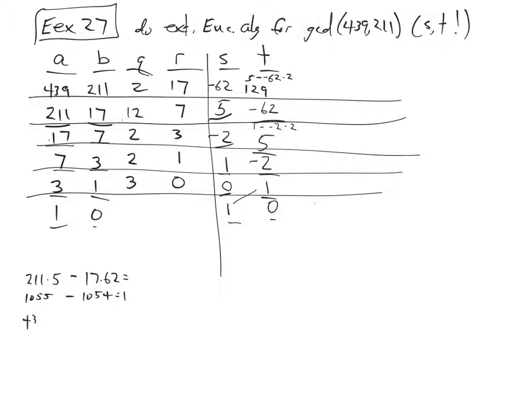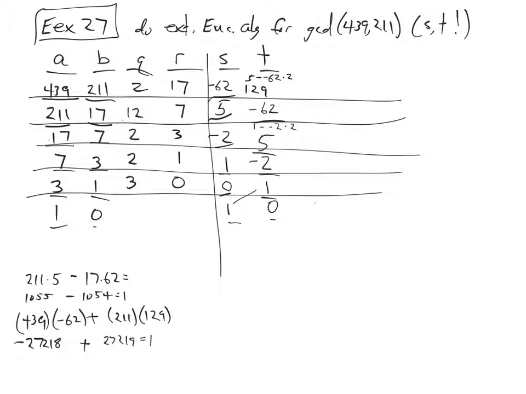So is 439, this guy, times minus 62 plus 211 times 1, yeah, I'm doing them backwards, but you get the idea, hopefully. So let's do that. 439 times 62 is, so this is minus 27218, and 211 times 129 is 27219, which is 1. Yay. Okay, so it worked.